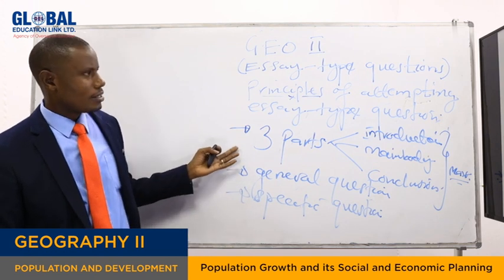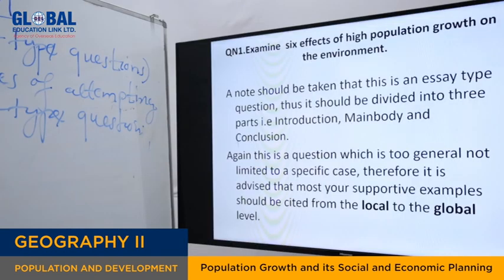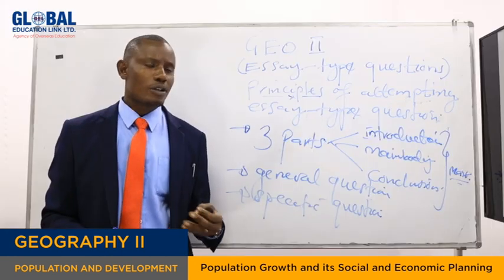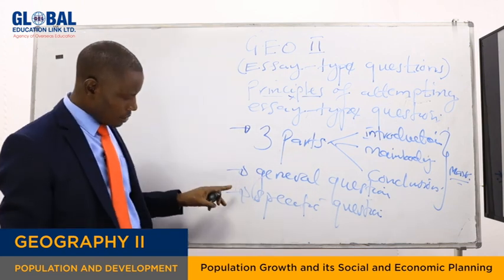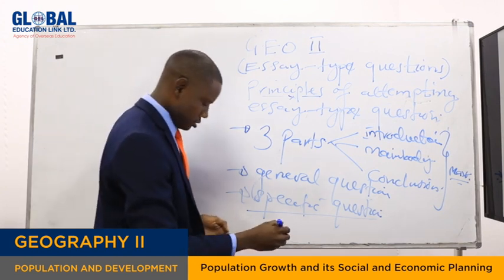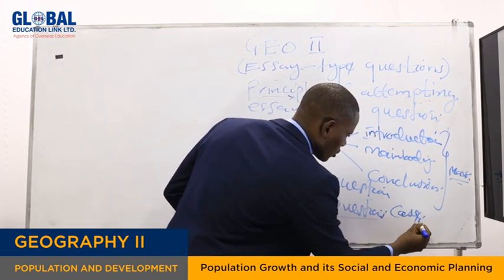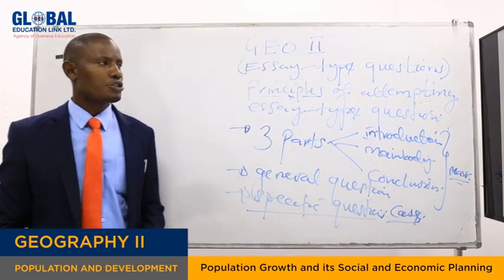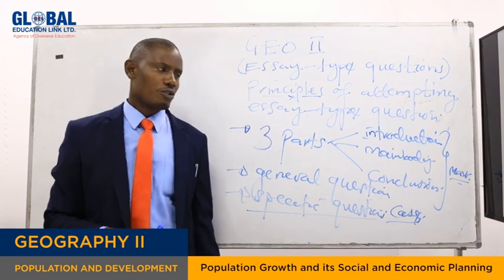For instance, recall the first question: examine 6 effects of high population growth on the environment. That question is general, so you can set your examples from the local area to the global level. But assume you come across a question requesting you to talk about a specific case. Then you should do your best to draw examples from that particular case.